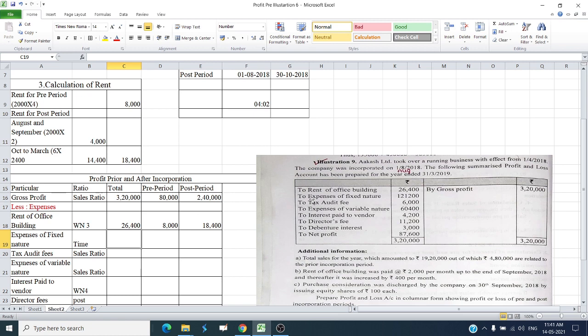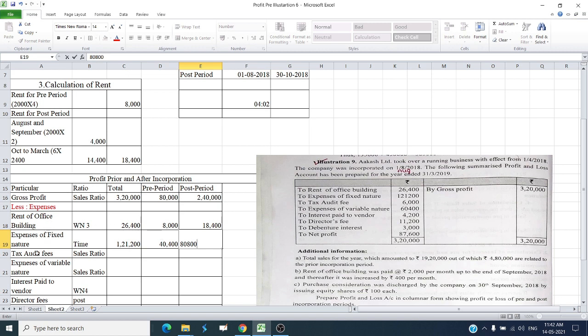Next expense is expenses of fixed nature, that is 1,21,200, and we have to allocate it in the time ratio. Allocate this, it will come 40,400 for the pre period and 80,800 for the post period.